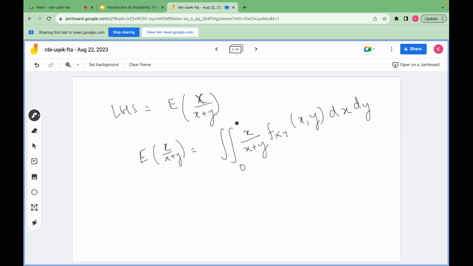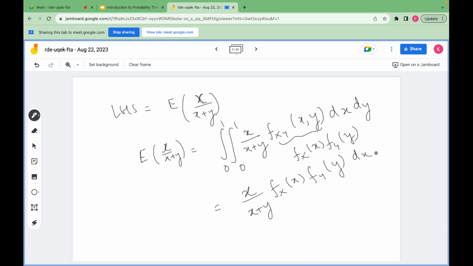This will be 0 to 1, and this will be 0 to 1. From the definition of expectation, but we know that X and Y are independent, so this will be nothing but f_X into f_Y. So this will become X upon X plus Y, f_X f_Y dx dy, 0 to 1, 0 to 1.